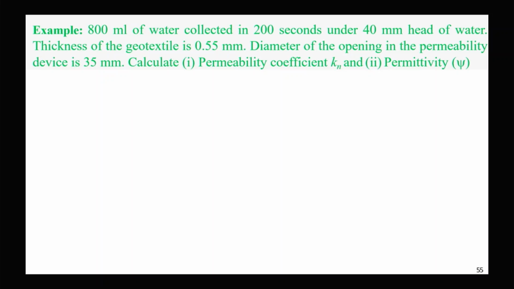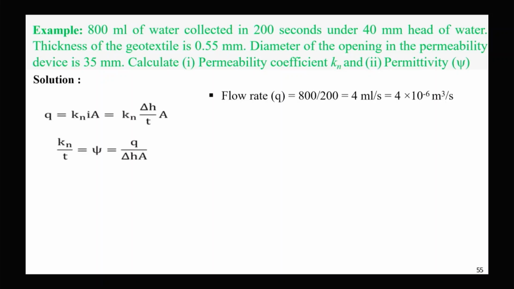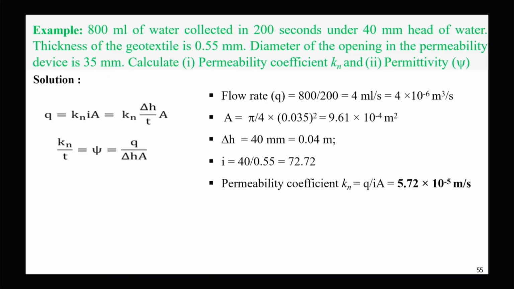The thickness of the geotextile is 0.55, the diameter of the opening is 35 mm, and the permeability coefficient and permittivity we can calculate in a similar way. So the permeability coefficient is 5.72 multiplied by 10 to the minus 5, and the permittivity is 0.104 per second.